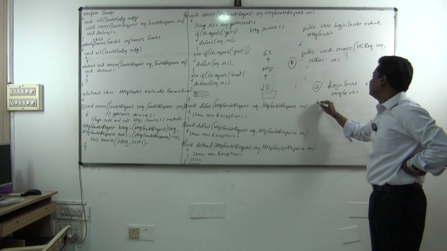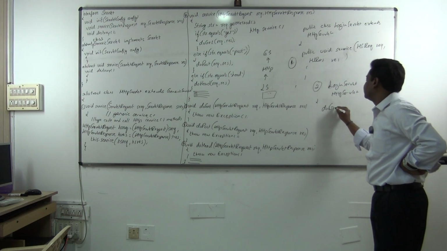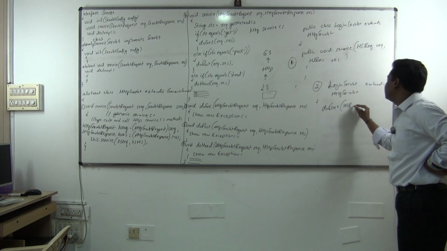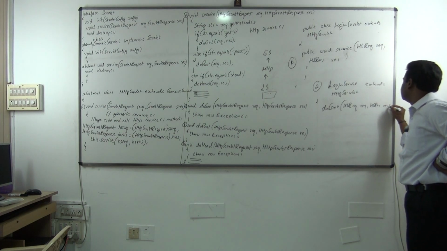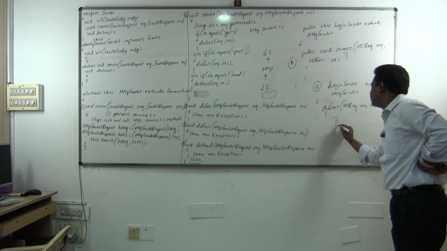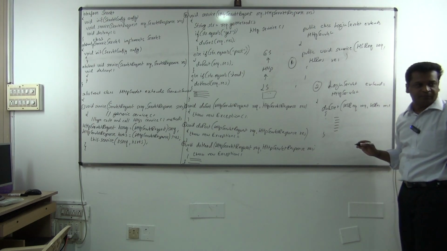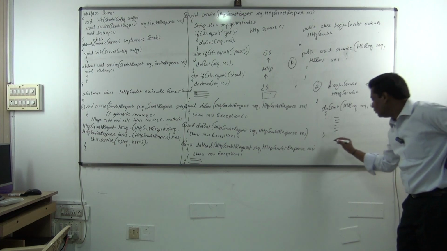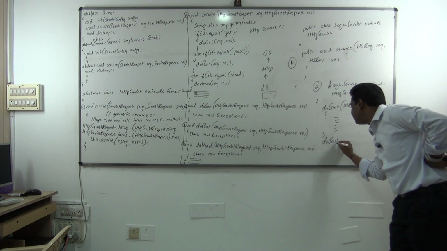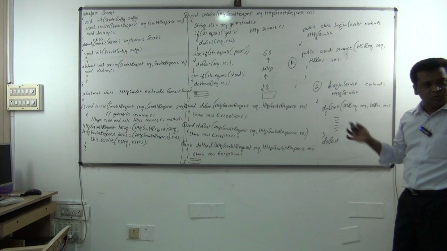This is fine. Now you write your doGet only, with HttpServletRequest req, HttpServletResponse res. Write all your logic. No problem. You are overriding doGet. What will you do? Override doPost also. Both you override.